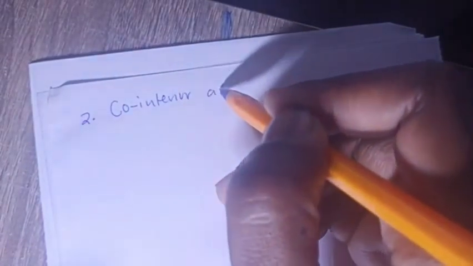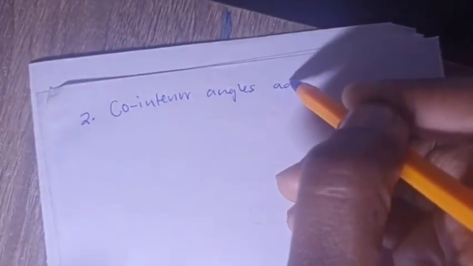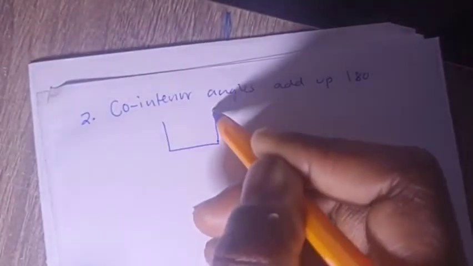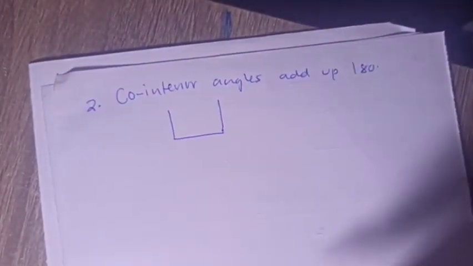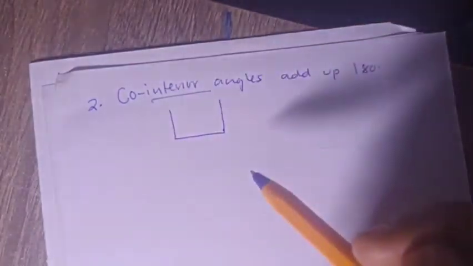co-interior angles. Co-interior angles add up to how much? 180. So that is the U. The word interior means inside.